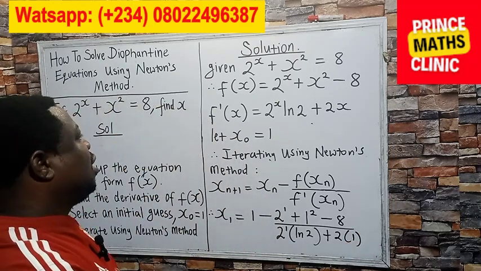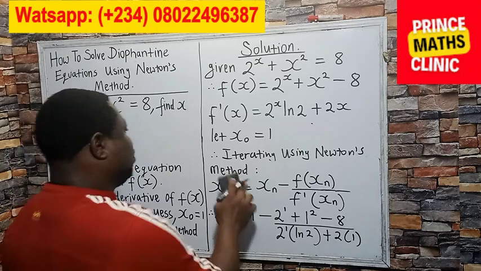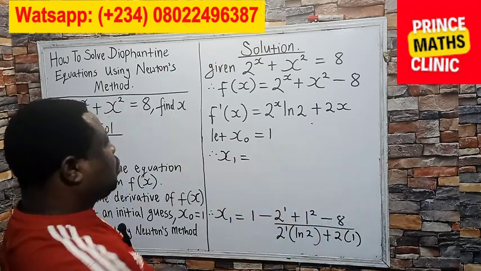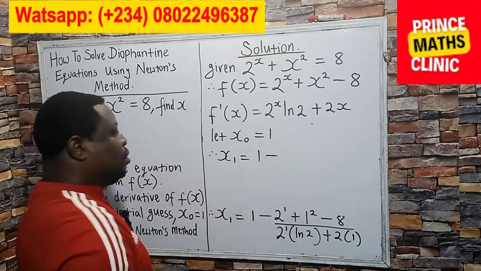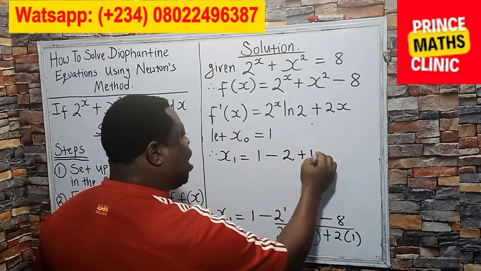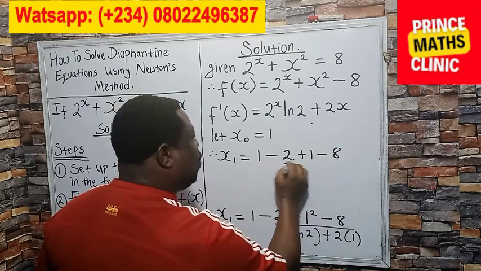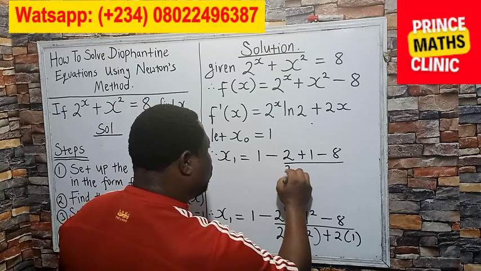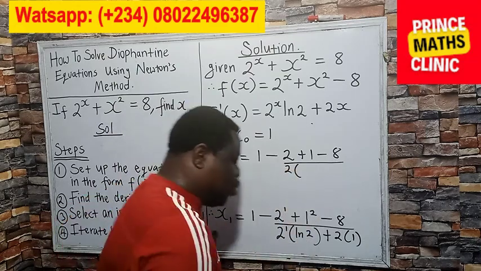Good. So let's see what we are going to get using that. 1 minus 2 to the power of 1 is still 2. 1 squared is still 1 minus 8 over, then 2 to the power of 1 is 2. Then ln of 2.